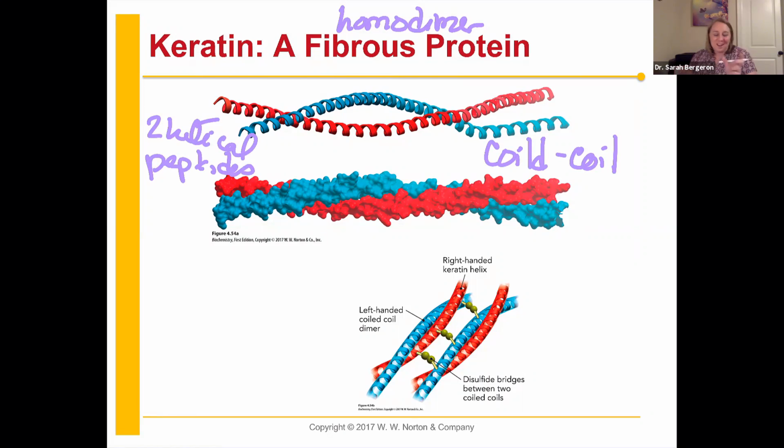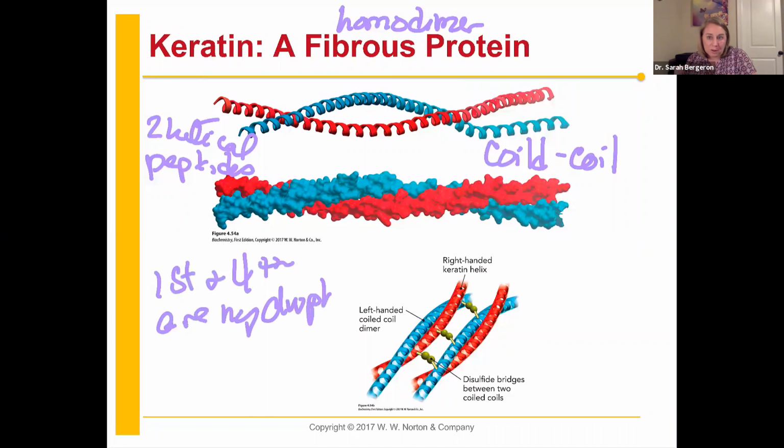And so inside of these peptides, you have about a 7 amino acid repeating unit. And usually about the 1st and 4th residues are hydrophilic. I'm sorry, they are hydrophobic, not hydrophilic, they're hydrophobic. So usually the 1st and 4th are hydrophobic. And so it allows those 1st and 4th residues in different helices to actually line up, and then they can pack really tightly together.